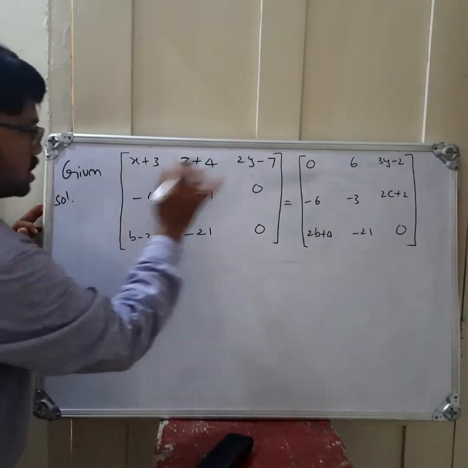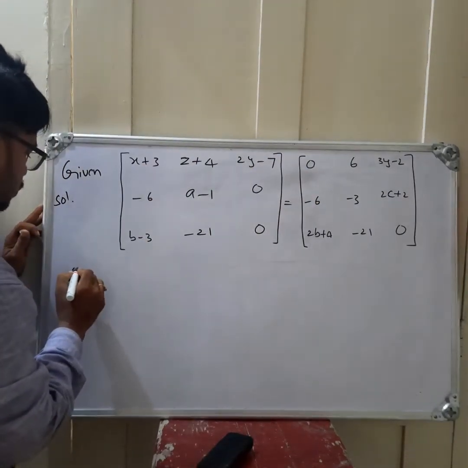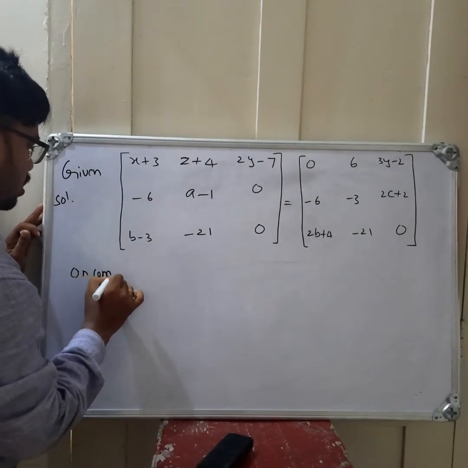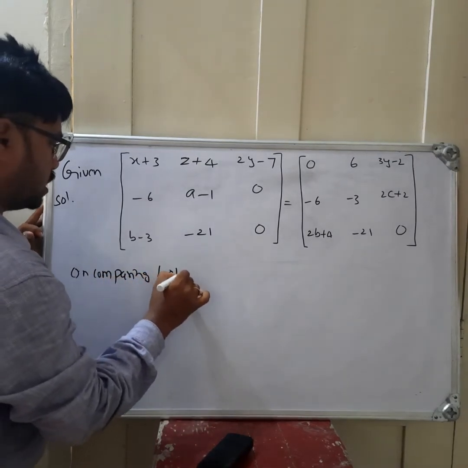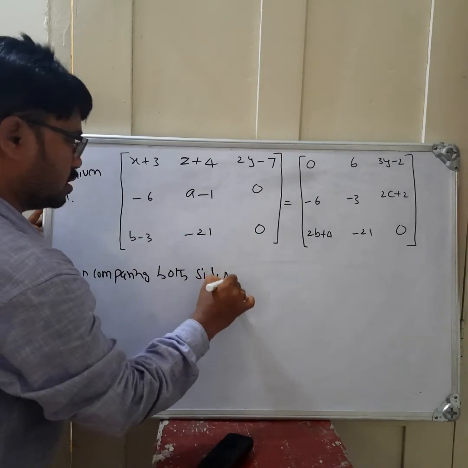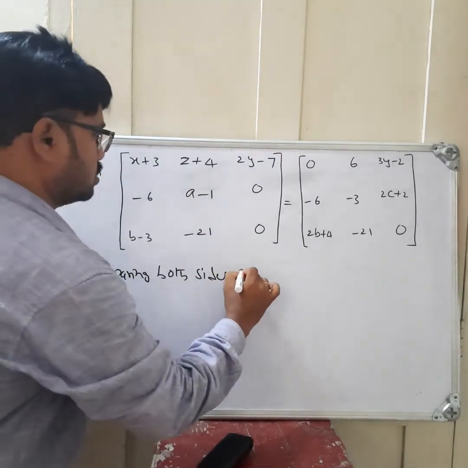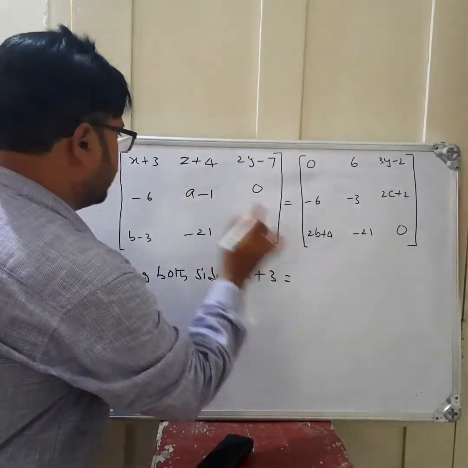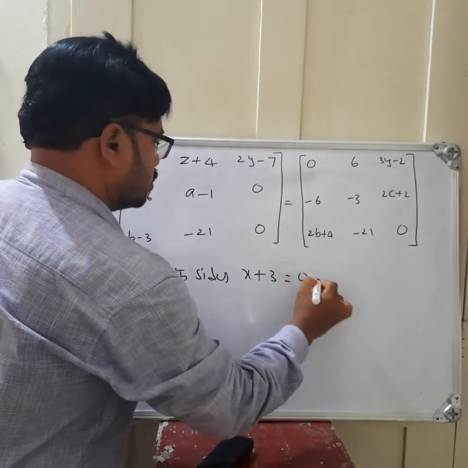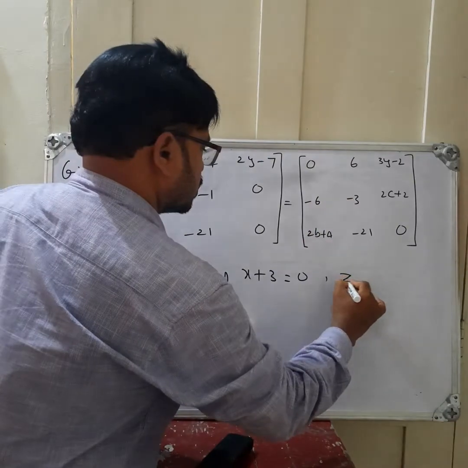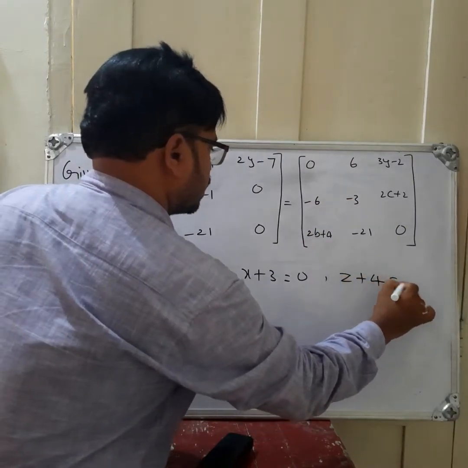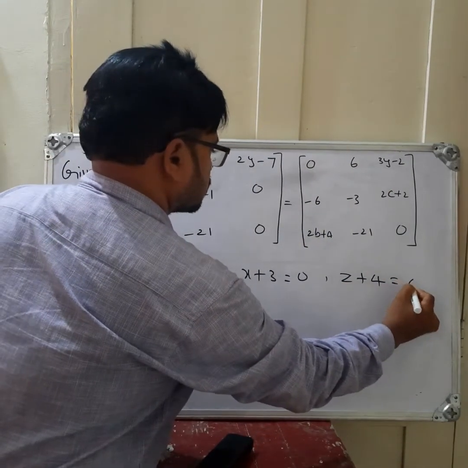See here, x plus 3. On comparing both sides, x plus 3 corresponding element is 0, z plus 4 corresponding element is 6.